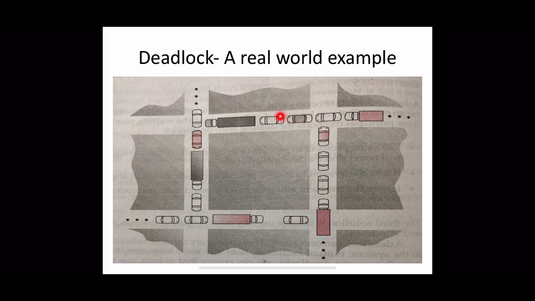And for all the roads, the same situation happens. In effect, none is able to move forward. That is, each and every one is waiting for the other to move, right? Same situation is there in the case of a system also. That is, a process is waiting for an event to occur and that waiting happens indefinitely. That is called a deadlock.